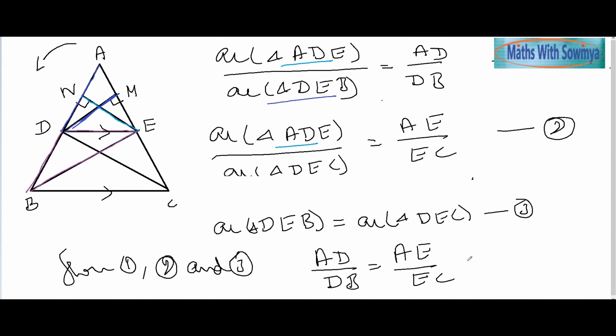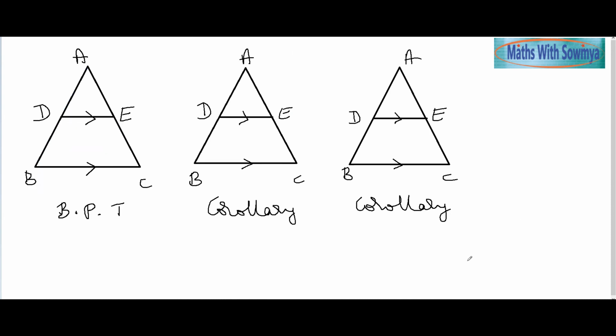We will also try the converse. And before that, some corollaries we are going to see now, corollaries along with the BPT. Whenever you find two triangles and a line parallel, you can always take this half by this half and this half by this half, which we call BPT.